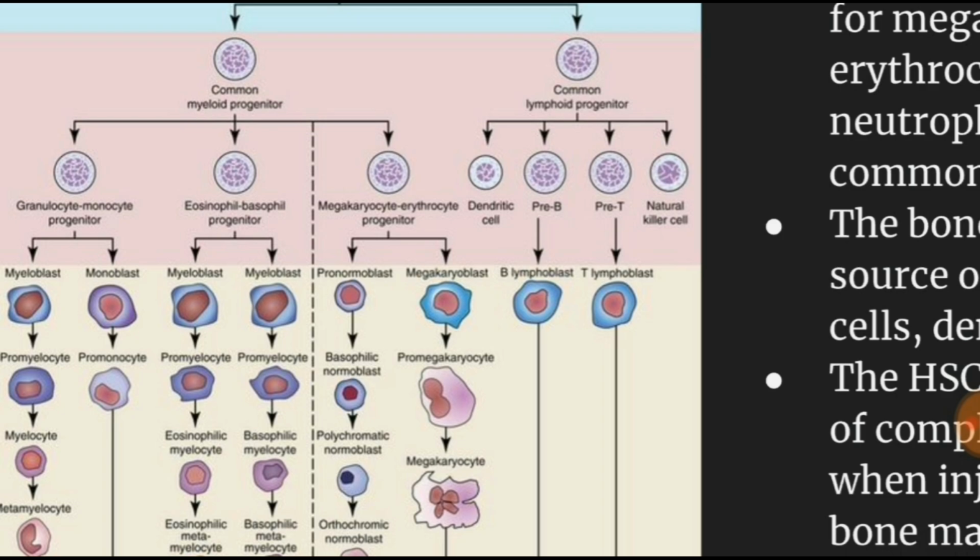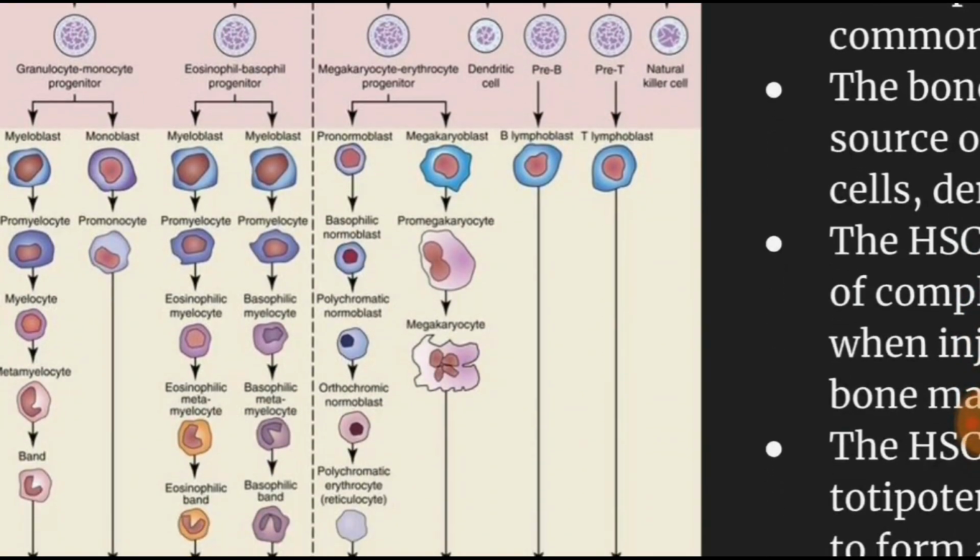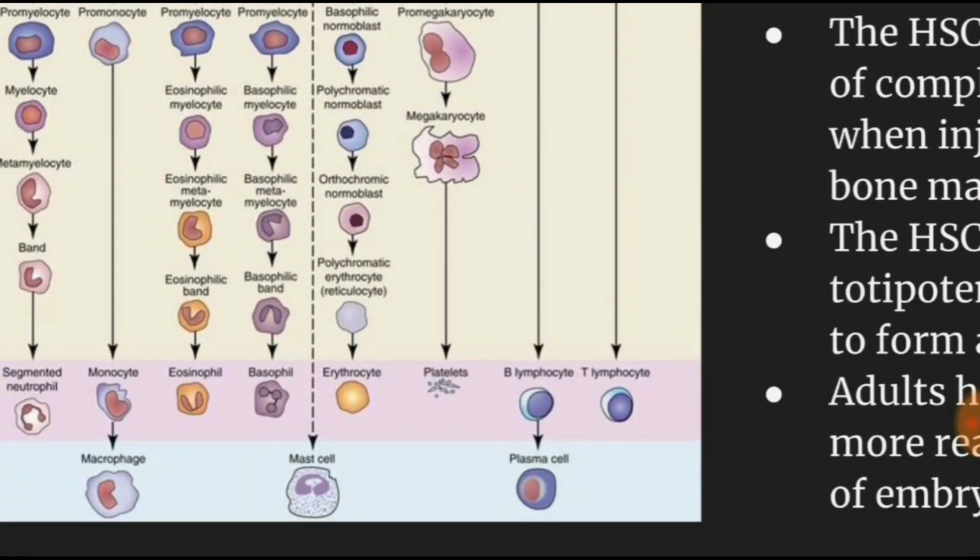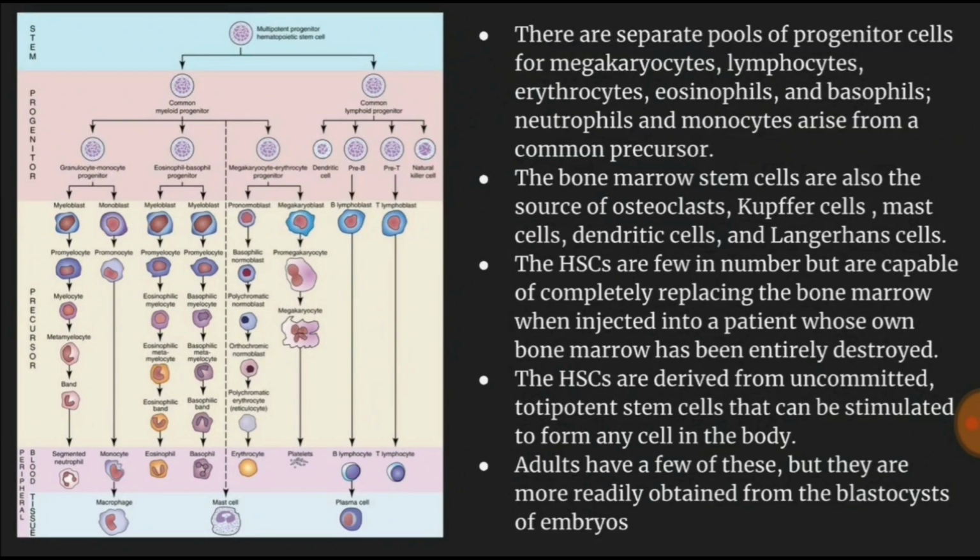The monoblast and myeloblast then get converted into various precursors for the formation of different neutrophils, monocytes, macrophages, eosinophils, basophils, mast cells, erythrocytes, platelets, and we have B lymphocytes, T lymphocytes, and plasma cells. These are all the cells that are present inside the blood. That is how the stem cell keeps on differentiating to form the final blood tissue, or the peripheral blood, consisting of various blood cells.